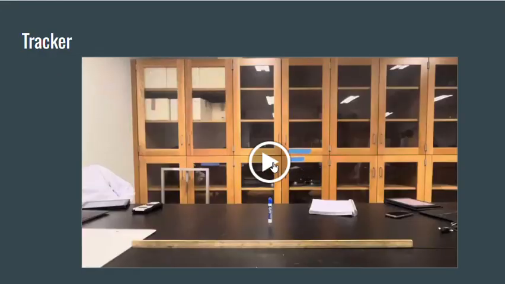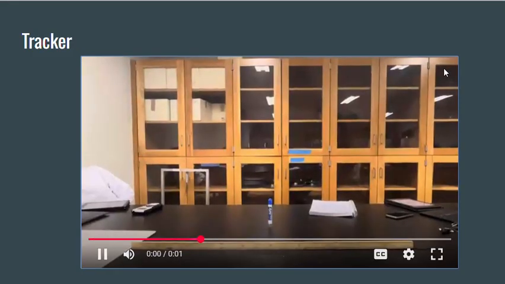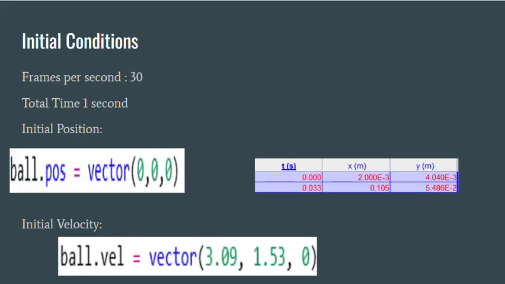This is the video of the eraser being thrown. Here are some of the initial conditions. The video was at 30 frames per second.